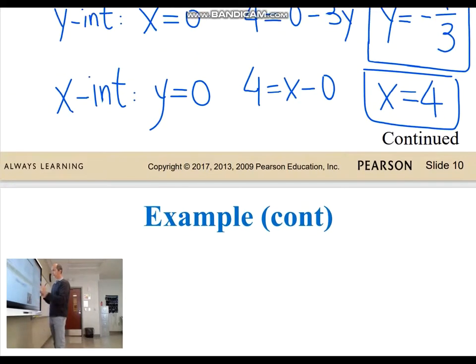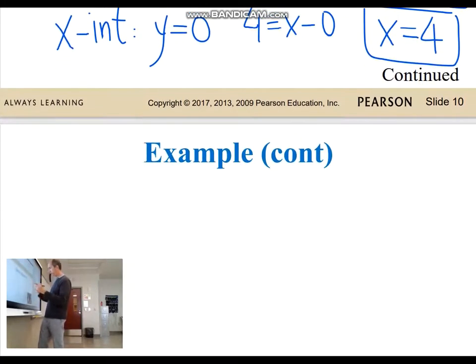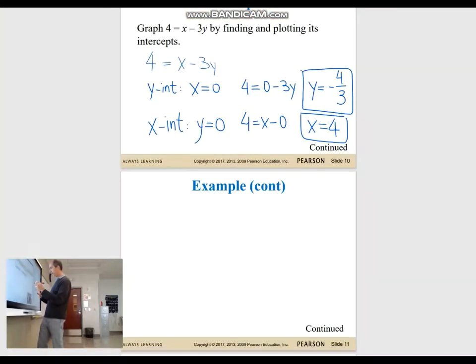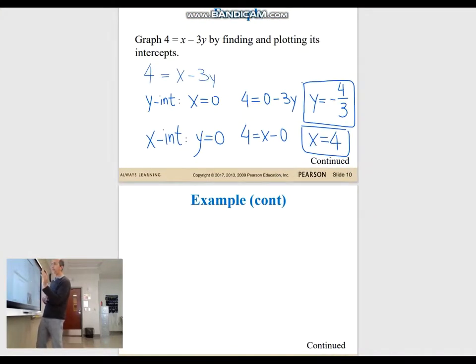Usually to graph a linear equation, we can have at least 3 points, just to make sure that everything is right. It's possible to find a line with 2 points, but we're going to work with 3 points.